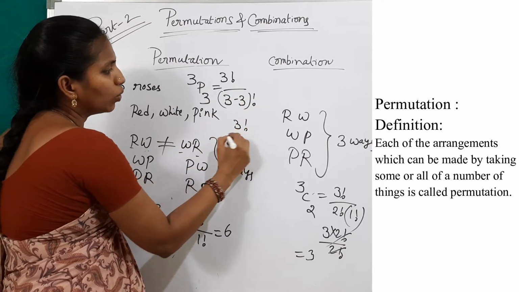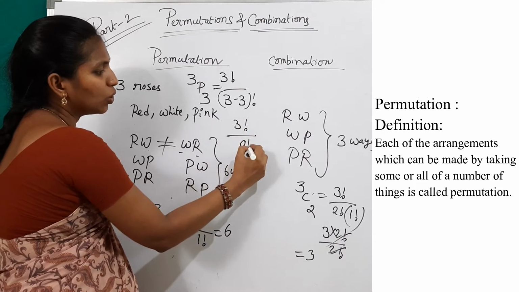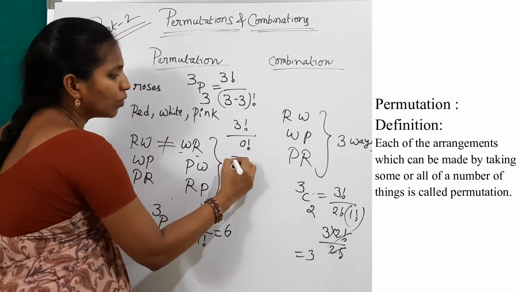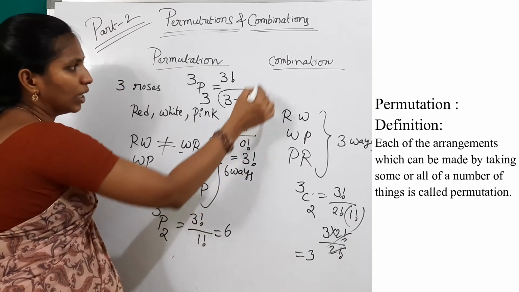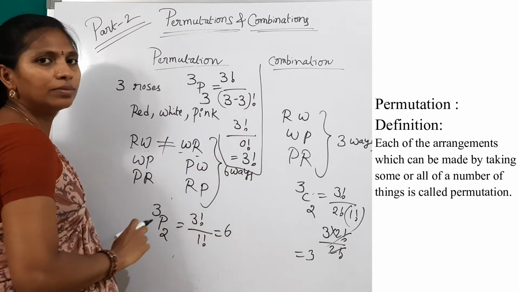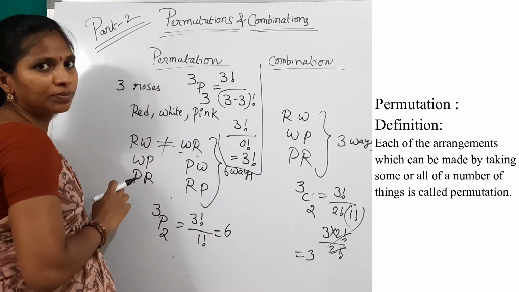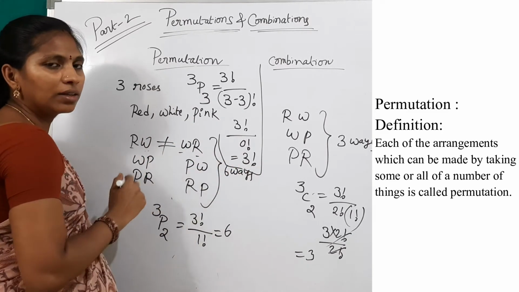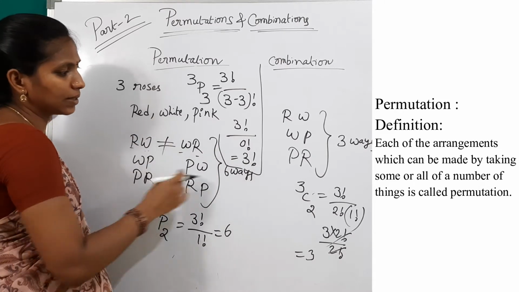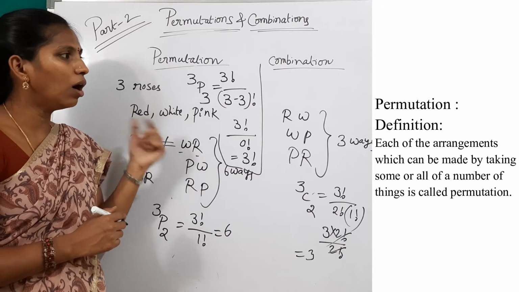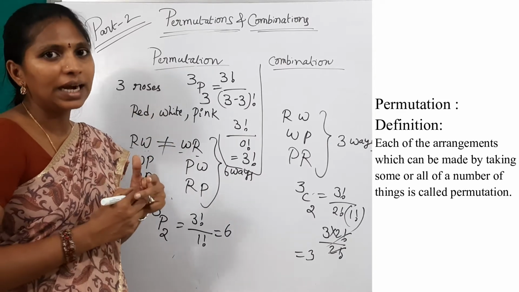So 3 factorial by 3 minus 3 means 0 factorial. What is the result of 0 factorial? 1. So final result is 3 factorial. 3 factorial means 3 into 2 into 1, 6. All or some, select by using the given condition.